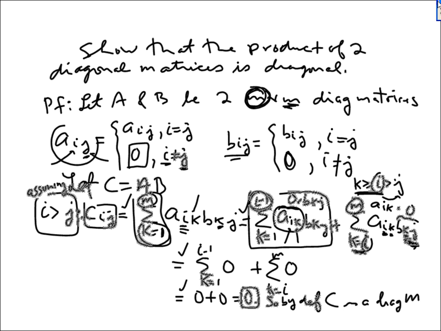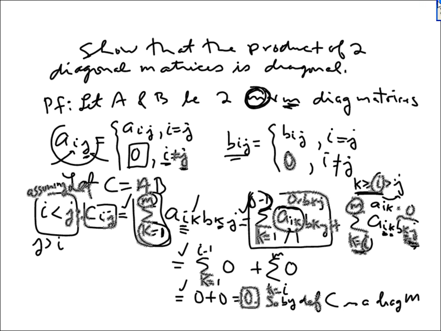Now, what if i is less than j? That is, this time, j is bigger. j is bigger than i. Well, the only thing you should do different is play the same game with j now.